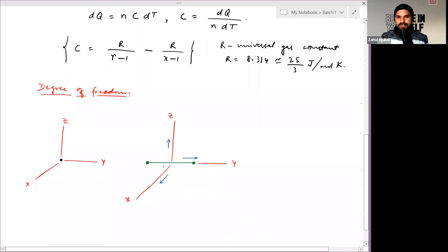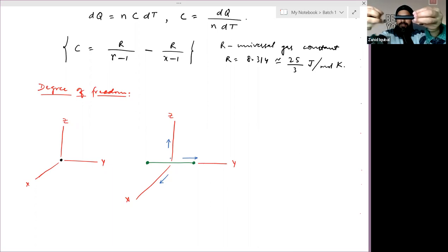And we may define its rotational motion also. Suppose this is a bond with particles attached at its endpoints, behaving as a diatomic particle. It may rotate along the Z axis. It may rotate along the X axis, but there will be no rotation possible along the Y axis, since along the Y axis it will behave like a point object for which no rotation is possible.